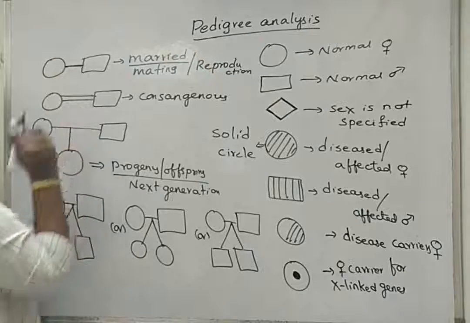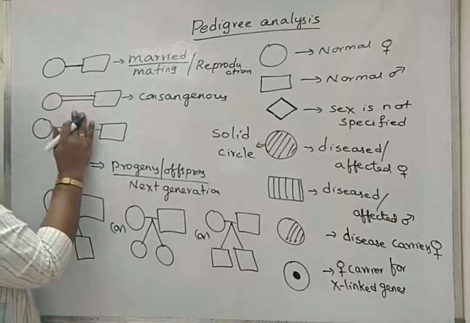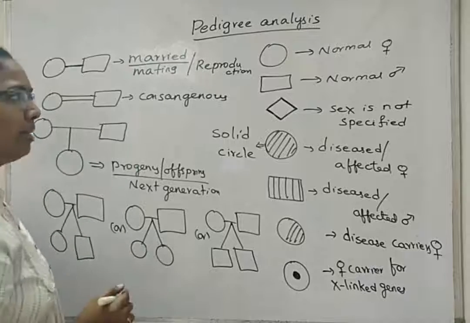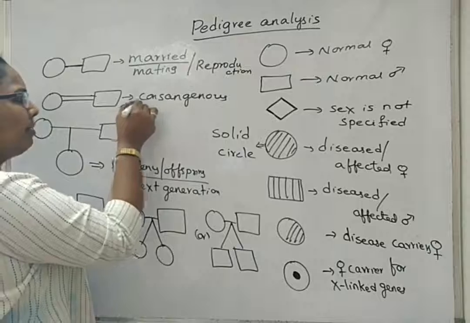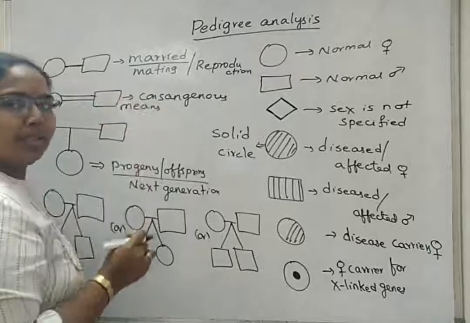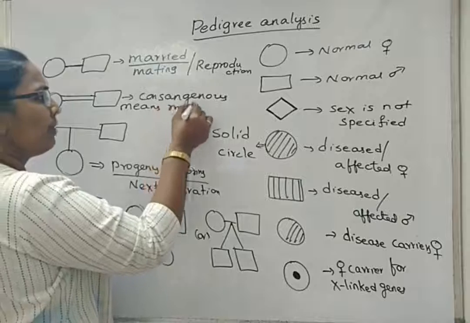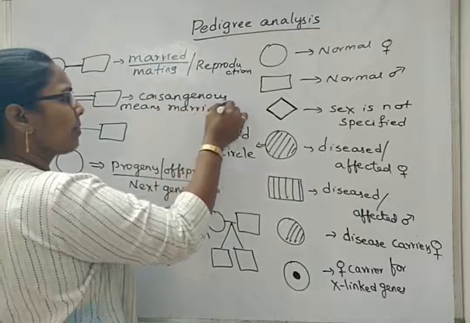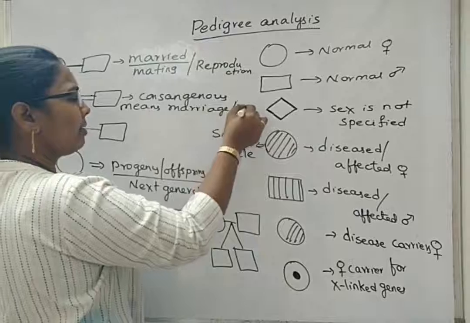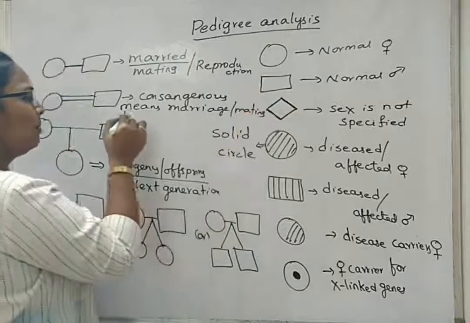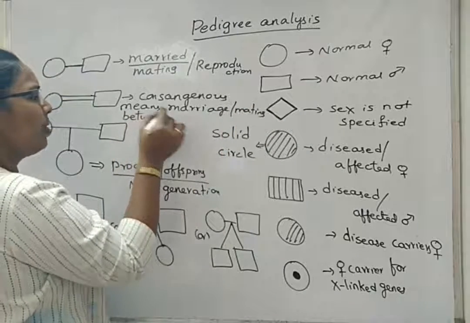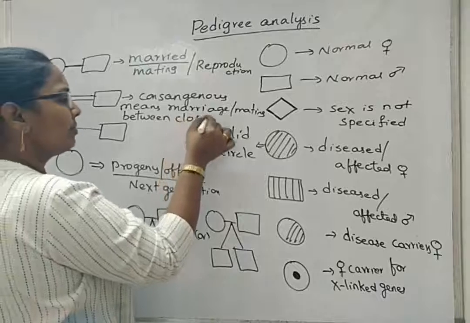If there are double lines, the chart is telling us about consanguineous mating. It means the marriage or mating happened between closely related persons, among close relatives.